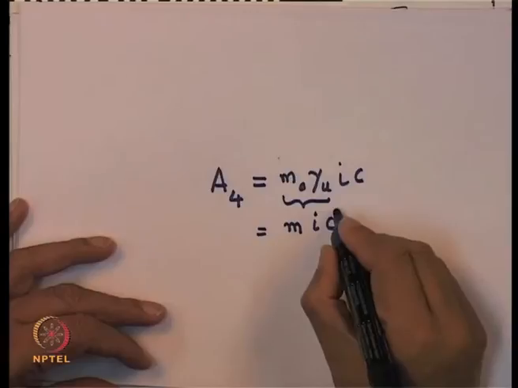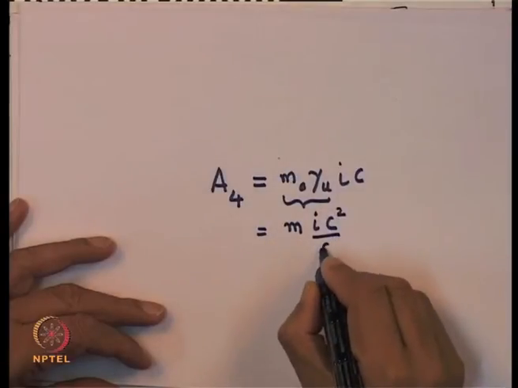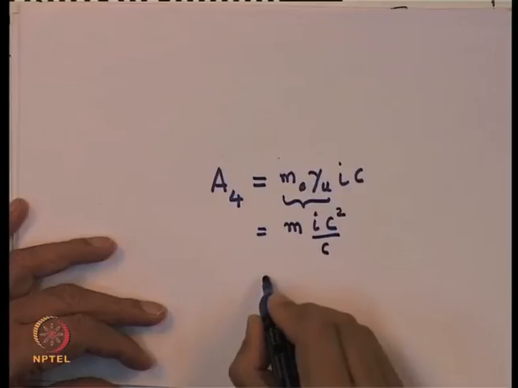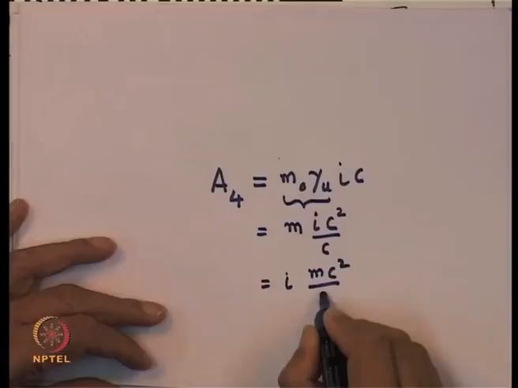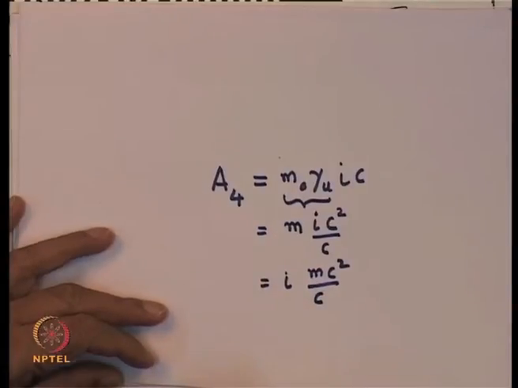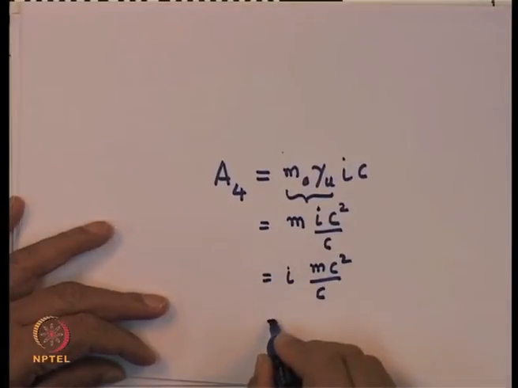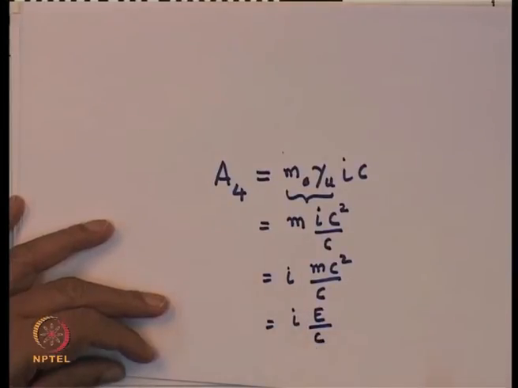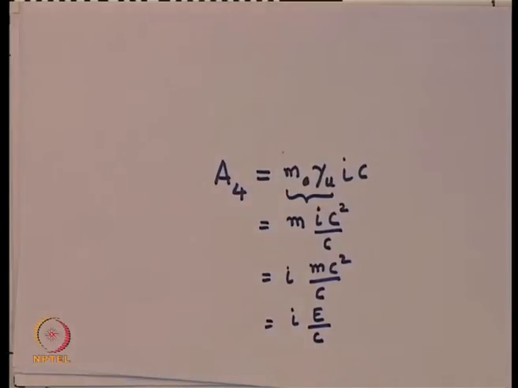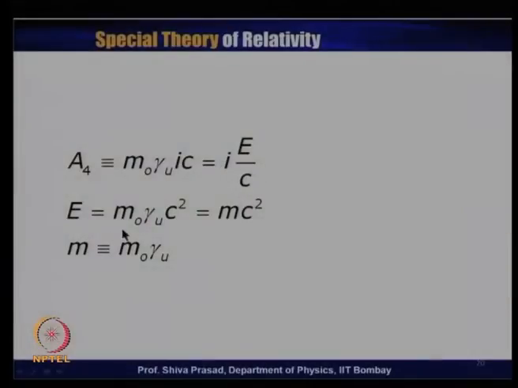So, I multiply this by c and divide this by c. So, this becomes i mc square by c, and with this new definition, this becomes iE by c. So, my fourth component now becomes related to the energy of the particle and is written as iE by c. Remember, we have used E is equal to mc square and m as m naught times gamma u.